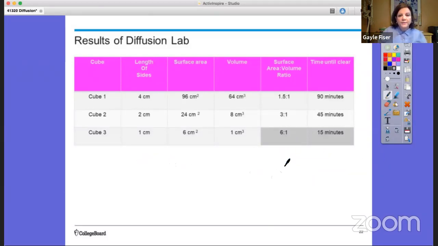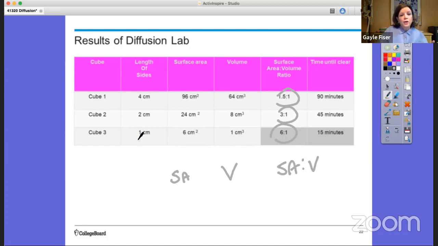Like if you need to talk about the surface area to volume at the end, make sure you have here's the surface area, here's the volume, I divide, and then I get this. So cube 1 had a surface area to volume of 1.5 to 1, cube 2, 3.3 to 1, and cube 3, 6 to 1.